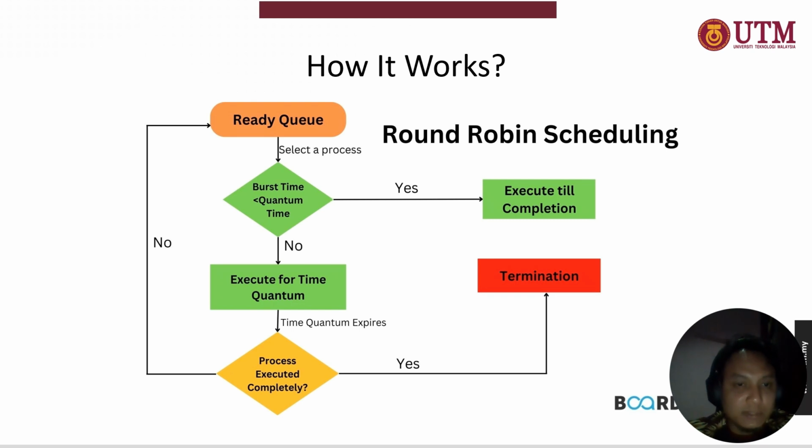If the quantum time is lower than the burst time, it will execute for the time quantum. When the time quantum expires, it will check whether the process has executed completely. If it has not completed execution, it will continue the process from the ready queue. If it has already completed, the process will terminate.